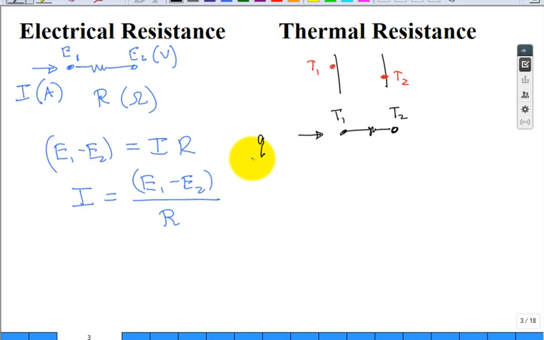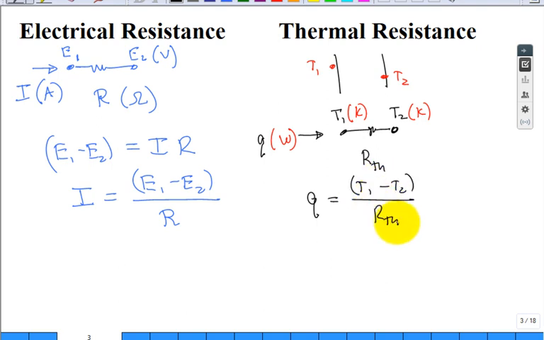So, and what is this? Thermal resistance. Okay, so help me a little bit with my units. Well, this would be like in Kelvin or degrees C. It's a temperature difference that drives it. This would be maybe in watts, right? And we're going to get an equation that looks like Q is equal to T1 minus T2 divided by R thermal.